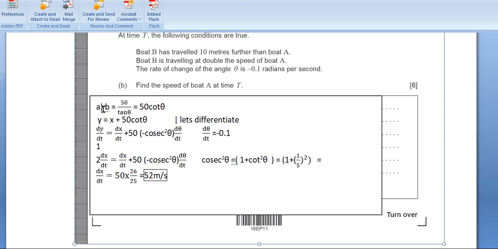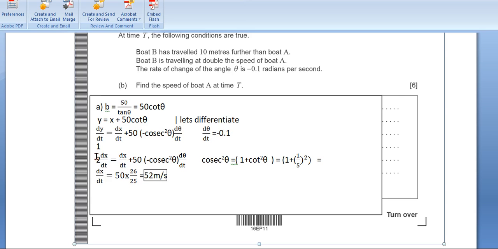So first, using geometry, we write this relation. Then we differentiate it, and we take into account that the differential of theta by time is minus 0.1.